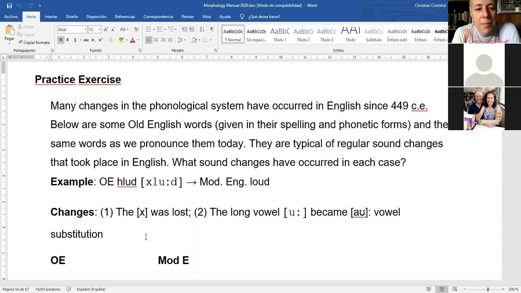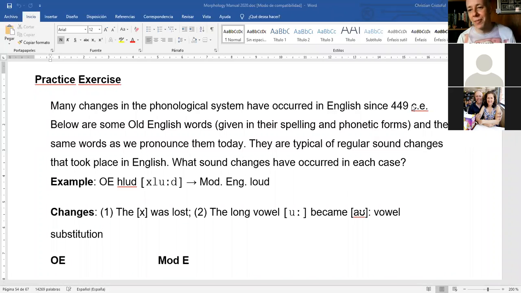Okay, it says many changes in the phonological system have occurred in English since the year 449. And it says CE. Can anyone tell me what CE stands for? Why does it say CE?